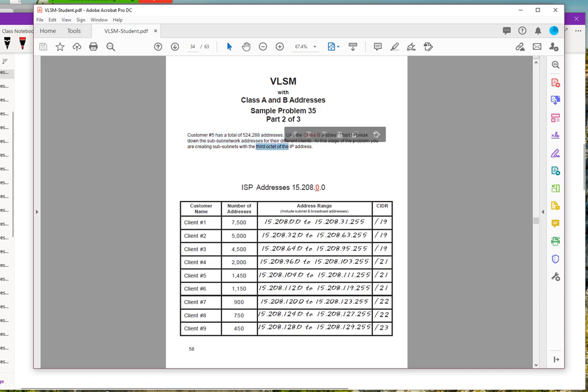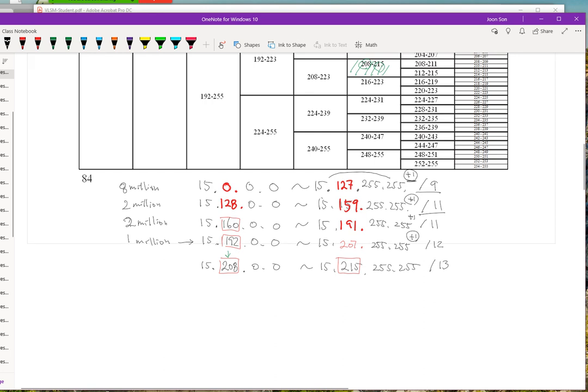So what it means is, the problem number 2 is given this. This is the network address, this is customer number 5.